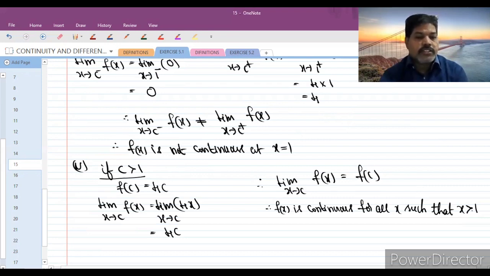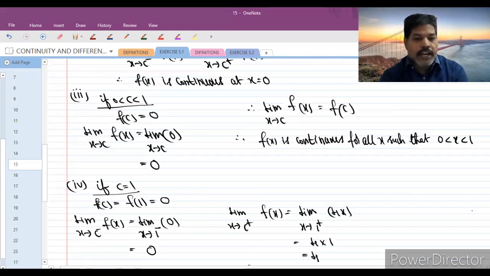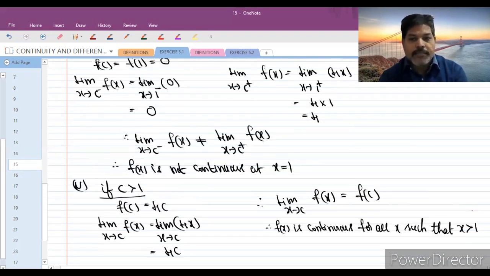So see that question, students. The function is continuous everywhere except at what point? At x is equal to 1. Except at x is equal to 1, the function is continuous.